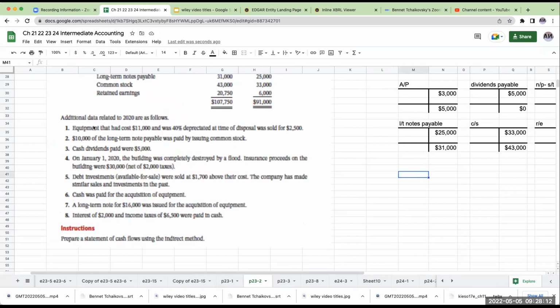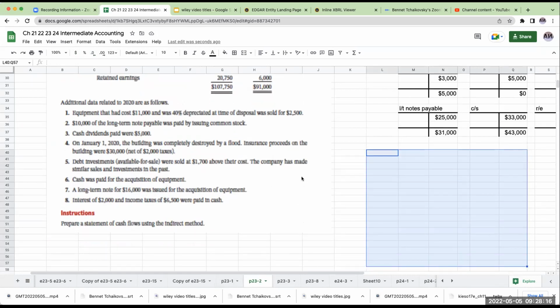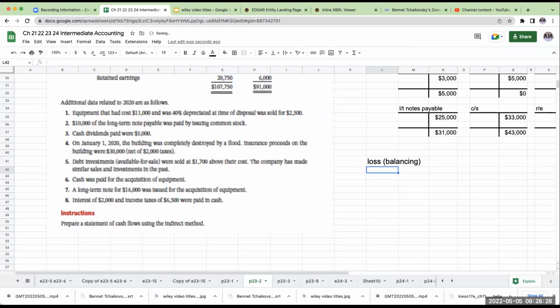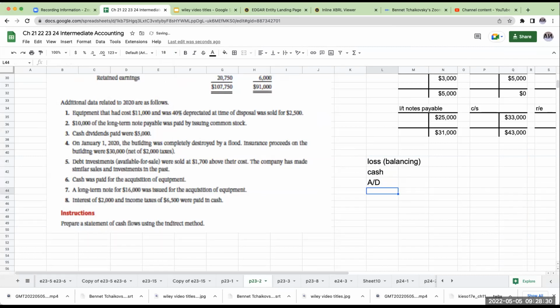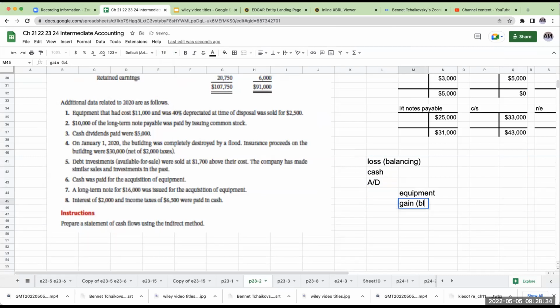I like to do this using journal entries. So if I sell equipment, the journal entry I use to sell equipment is always going to be the same. Loss, balancing, cash, accumulated depreciation, equipment, gain, balancing.